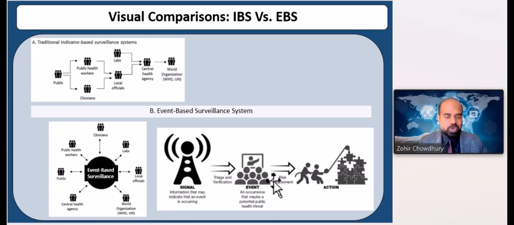Once the signal has been triaged and verified, it becomes an event. So here we can see in this picture that once it's an event, a risk assessment is done to understand the potential economic impacts, food security impact, or other impact to the nation. And once a risk level is assigned and assessed, the appropriate level of investigation, response, and control measures can be determined and provide an action.